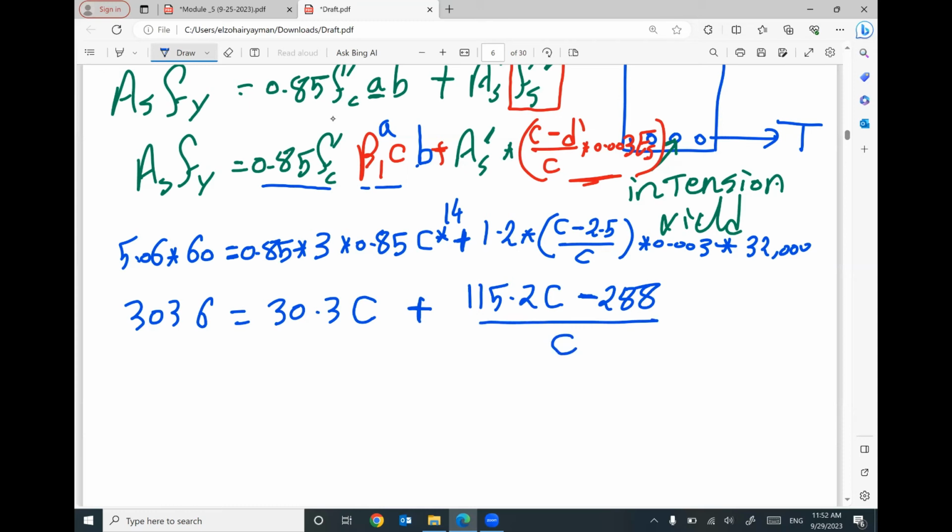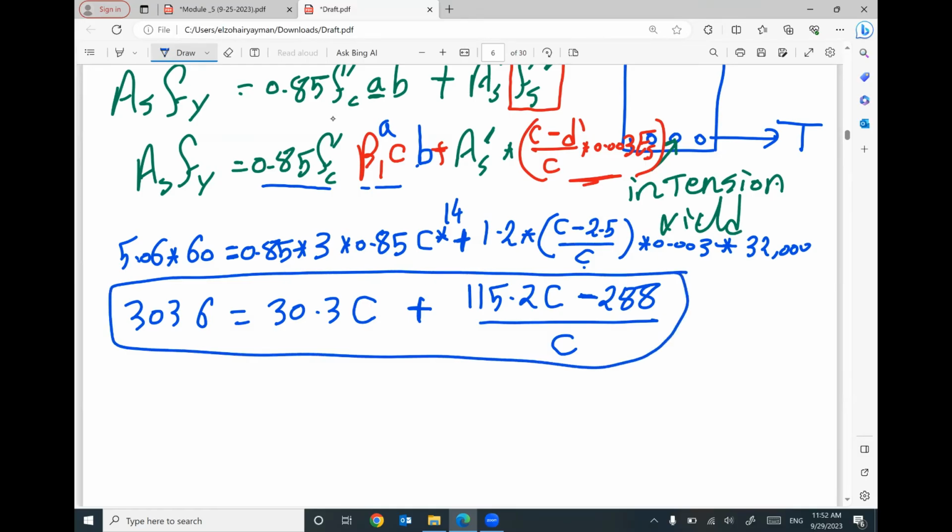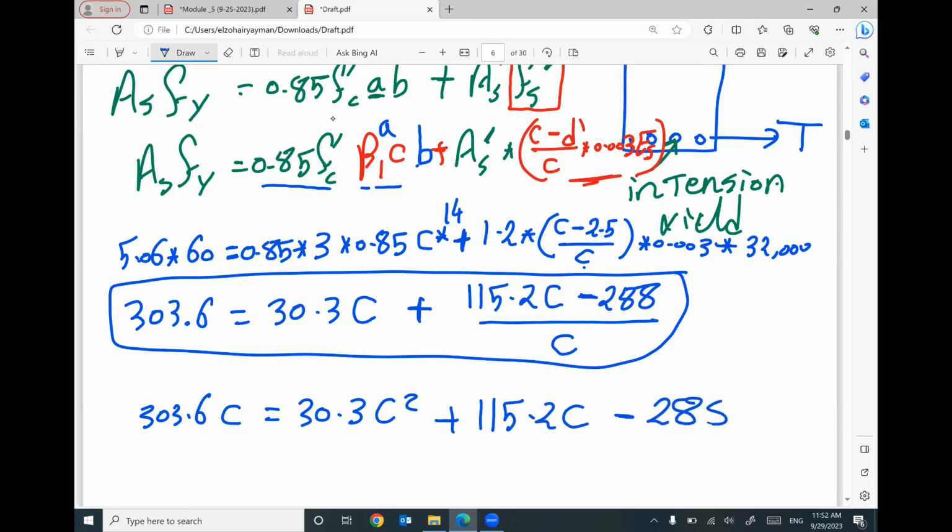We have C here. So if you multiply the whole equation by C, I can get here 303.6 C equals 30.3 C square plus 115.2 C minus 288.